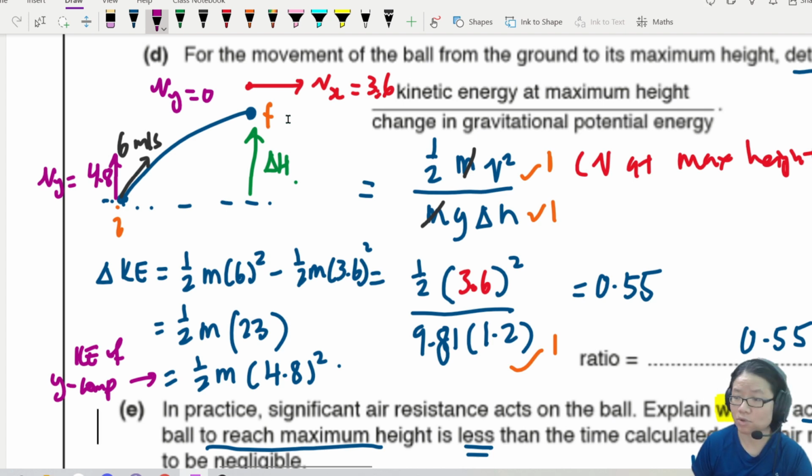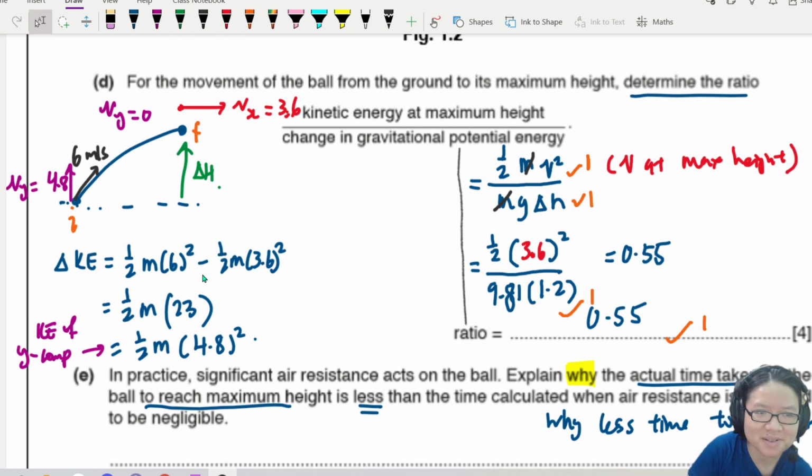Okay, give me a sec to clear the board. Okay, I made space, right? So right now, I'm going to show you a different way to find the ratio 0.55.